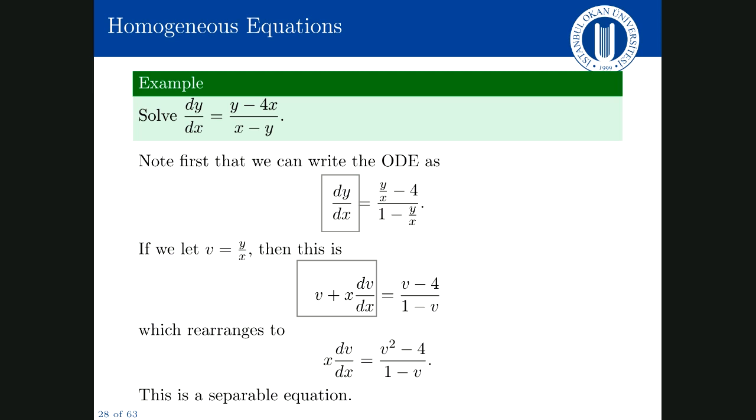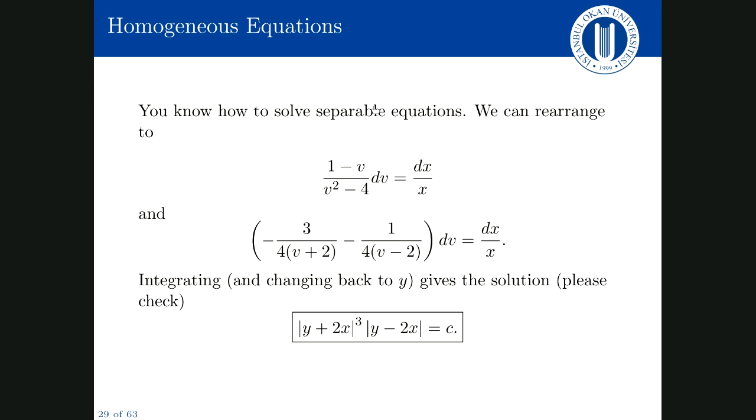You know how to solve separable equations. Let me go through very, very quickly. We can rearrange this equation so that all of the v terms are on the left and all of the x terms are on the right. If we can do this, then we're allowed to integrate.